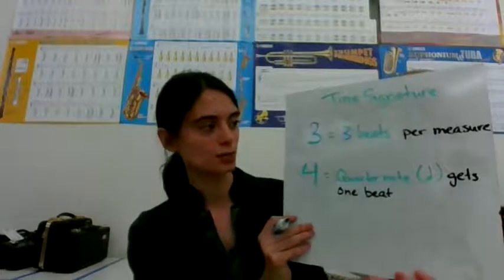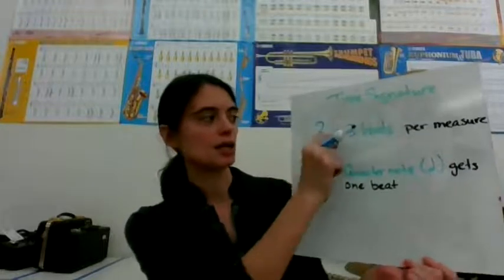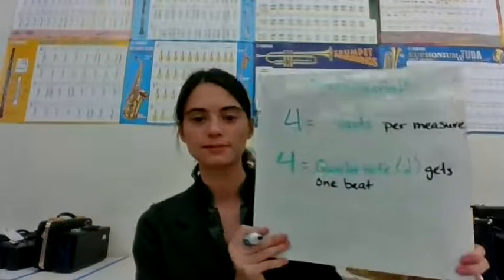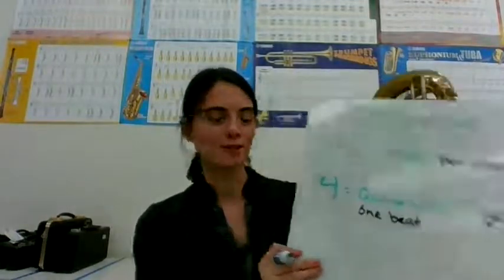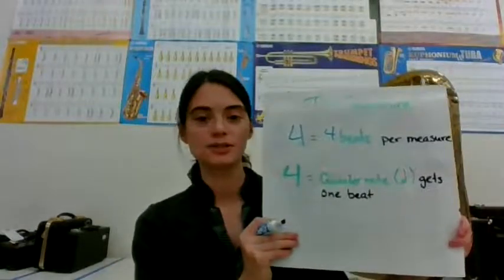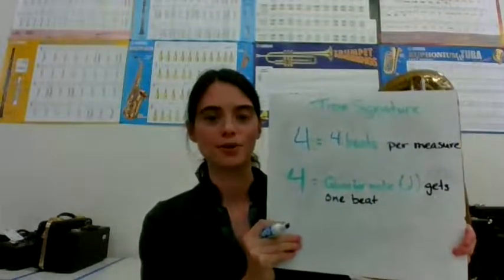So if it was 3/4 time, there would be 3 beats per measure. If I change it back to 4, how many beats will be in my measure? If you said 4, you're correct. That top number tells us that there will be 4 beats per measure.